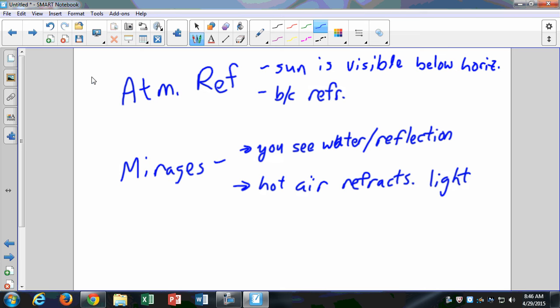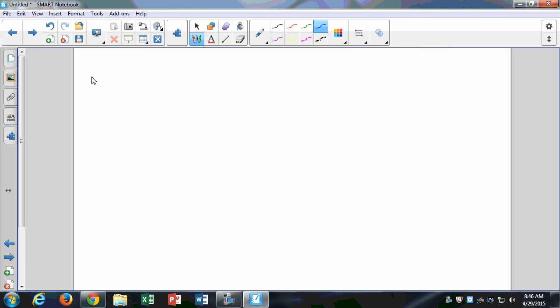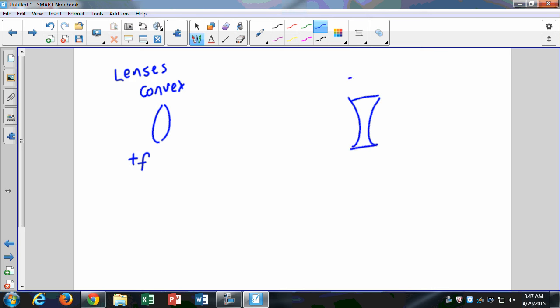I know this is fast, okay, I want to cover all those chapters, and I still have some time. So lenses, we had convex, these have a positive focal length. Concave, have a negative focal length. All those equations that we did for mirrors, they apply here in pretty much the same way.